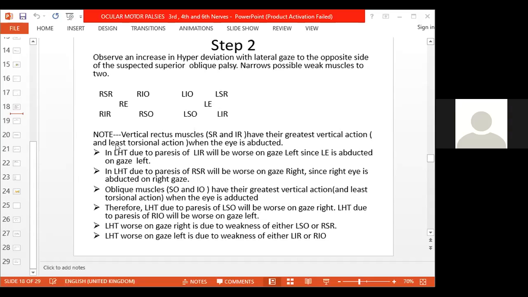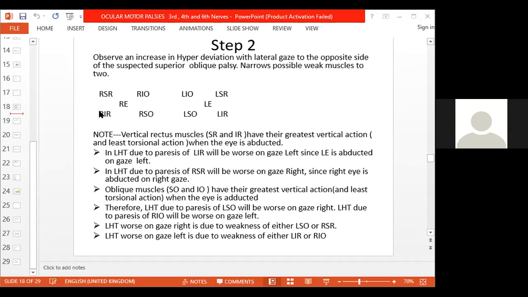what you see is the greatest action there. Superior rectus and inferior rectus have their greatest vertical action in abduction.